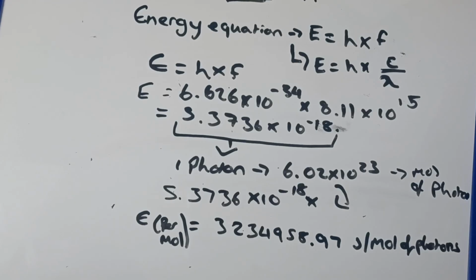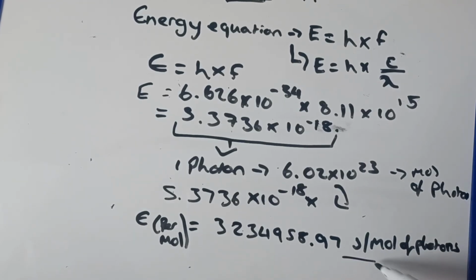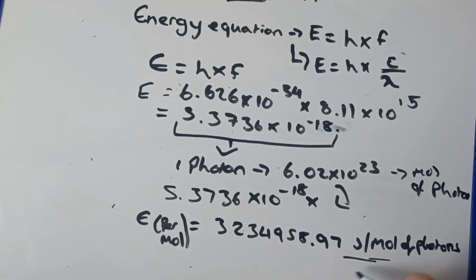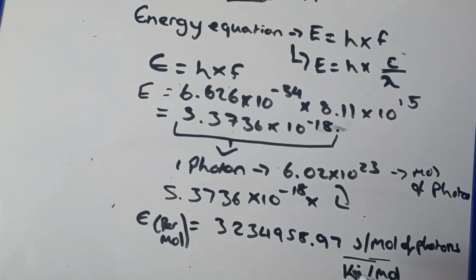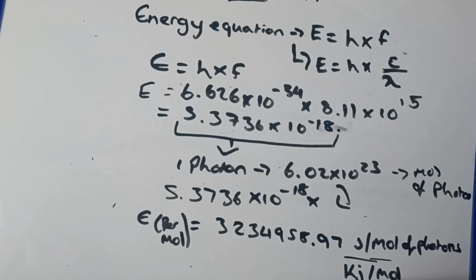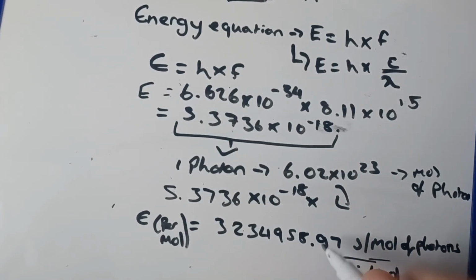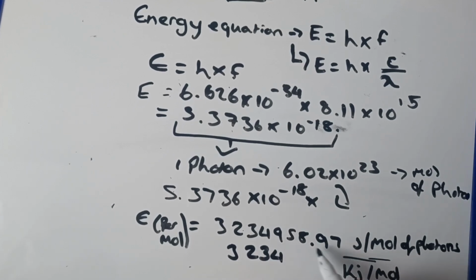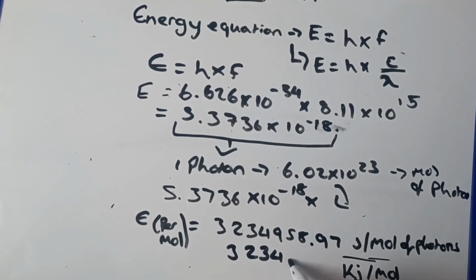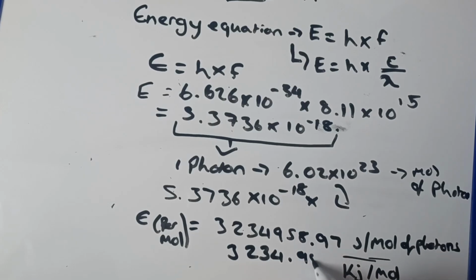Now this question isn't fully finished because this isn't our standard unit for energy. Our standard unit of energy is kilojoules per mole. So all we need to do is turn joules to kilojoules, so we divide it by 1,000, which should give us 3,234.958.